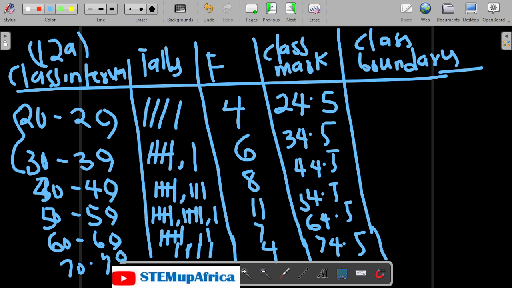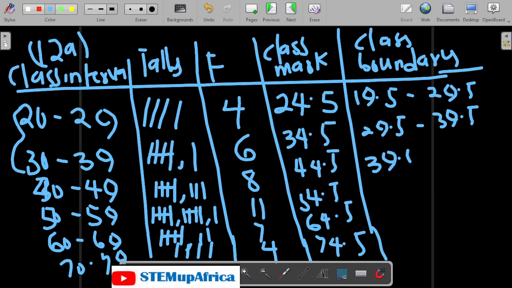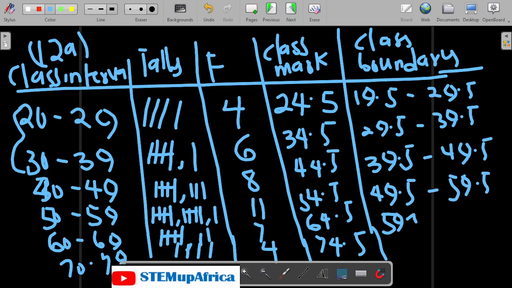Then how do we get our class boundary? You subtract 0.5 from the lower class limit and add 0.5 to the upper class limit. So I'm going to have 19.5 to 29.5, 29.5 to 39.5, 39.5 to 49.5, 49.5 to 59.5, 59.5 to 69.5, 69.5 to 79.5.